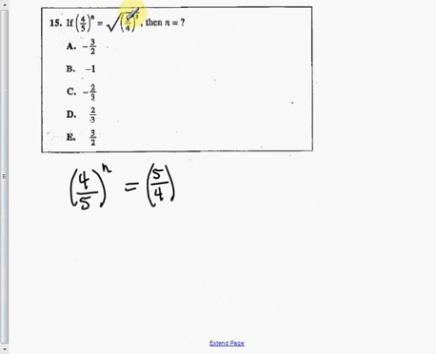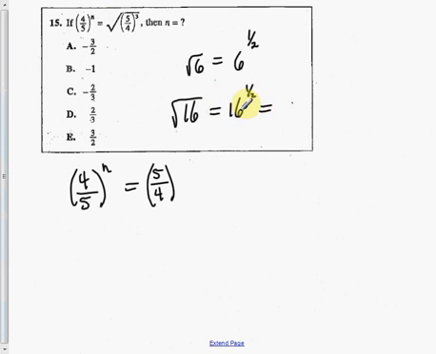Square root means the power is 1/2. You say the square root of 6, you're actually saying 6 to the 1/2 power. When you say the square root of 16, you're saying 16 to the 1/2 power.